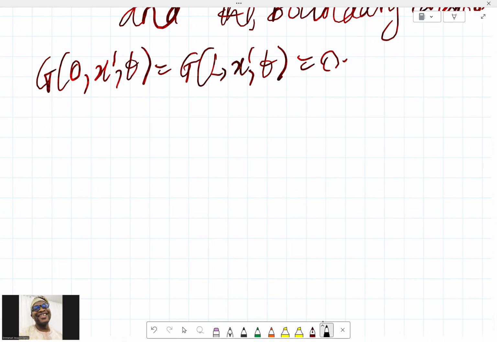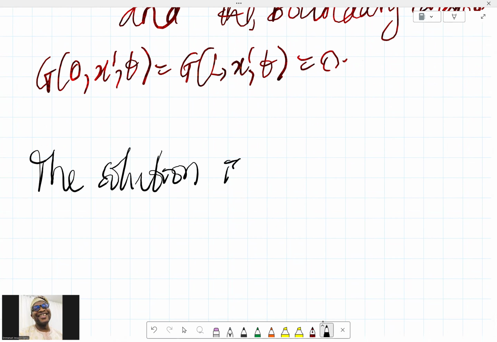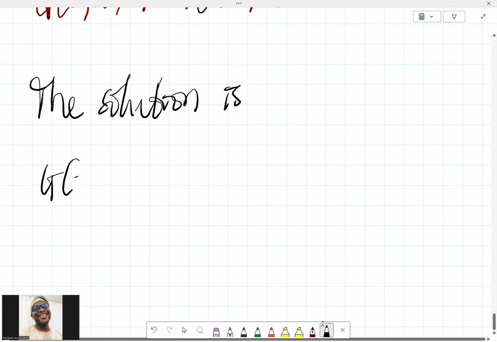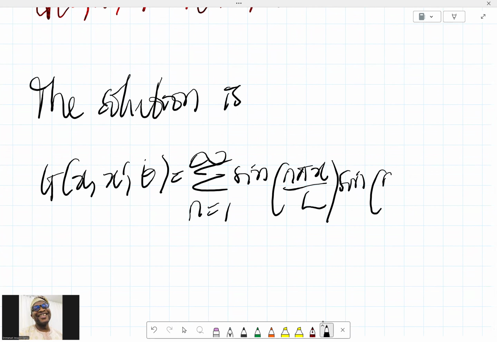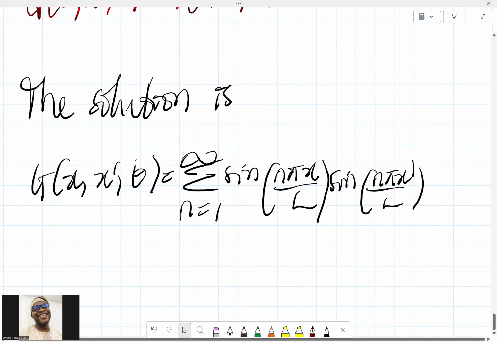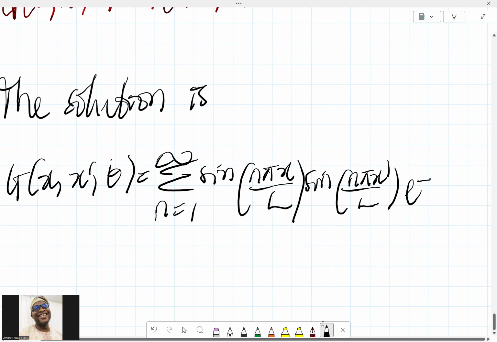And if we do all this, the solution is g of x, x prime t equals summation from n equals 1 to infinity sine n pi x over L, then sine n pi x prime over L, then e raised to power minus alpha n pi over L all squared.